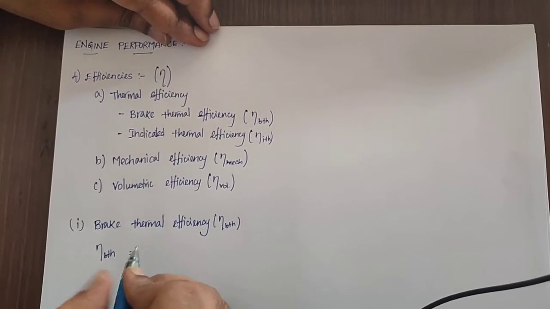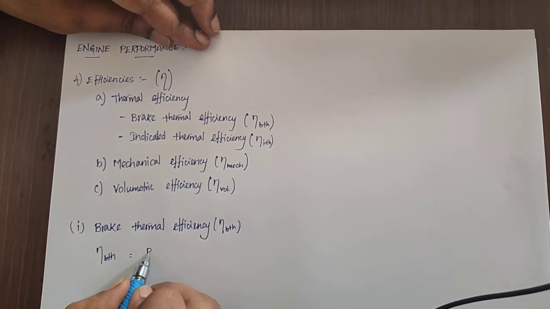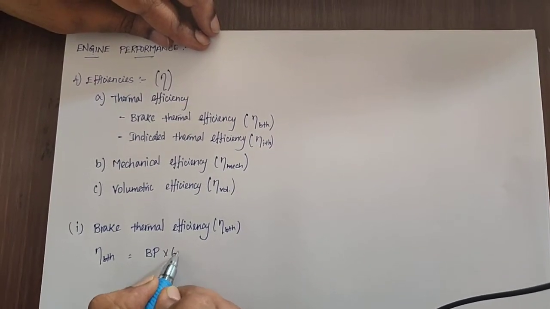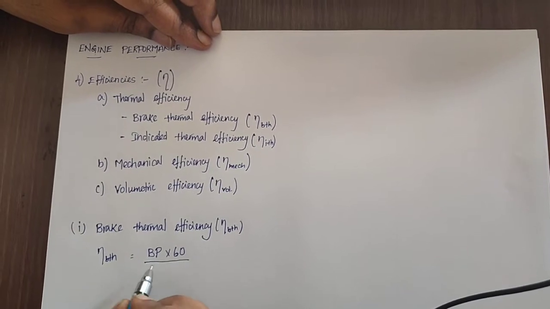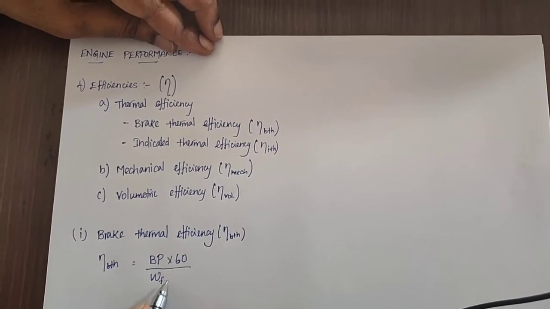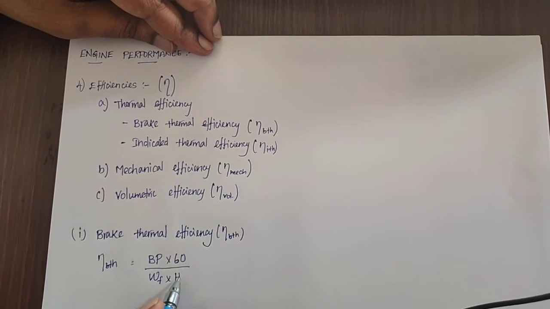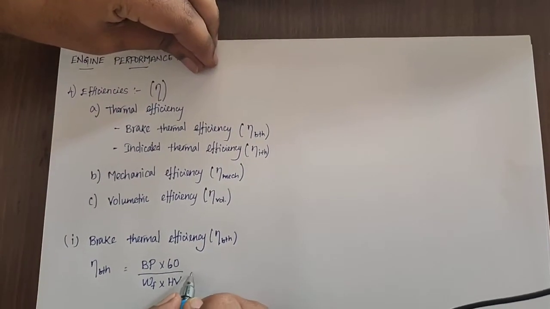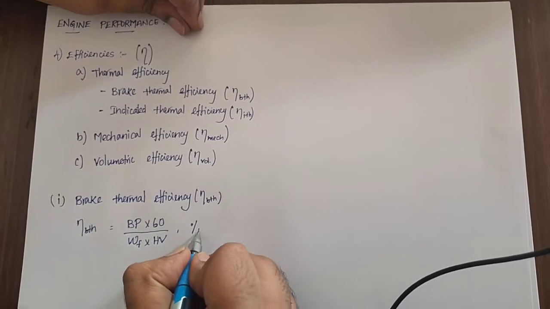Brake thermal efficiency is written as BP into 60 divided by W suffix F into HV. The unit for efficiency is percentage.